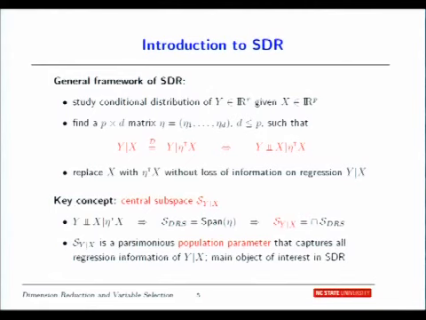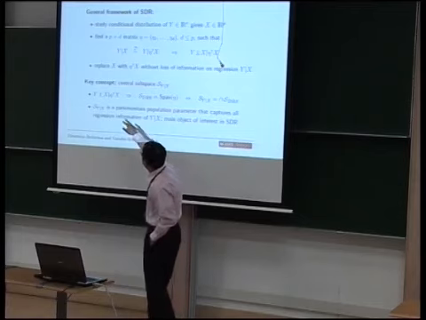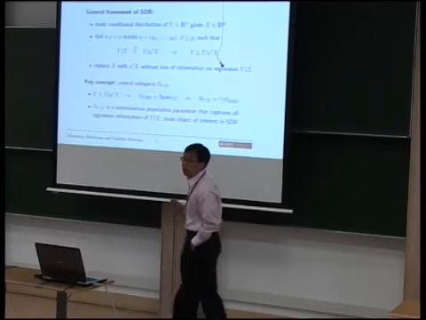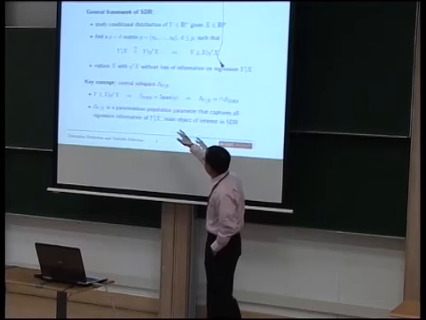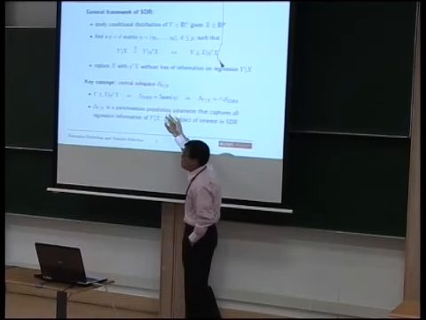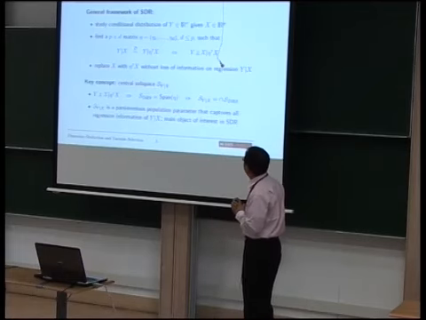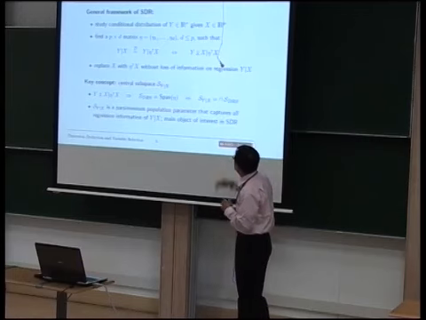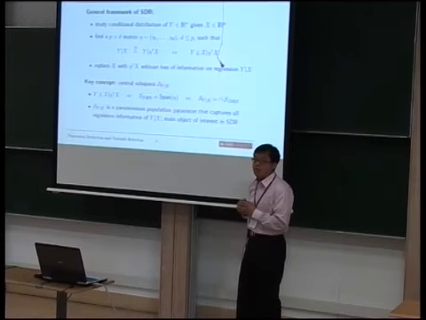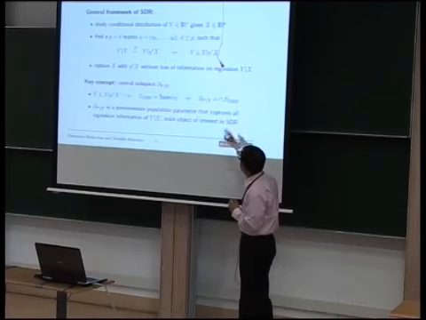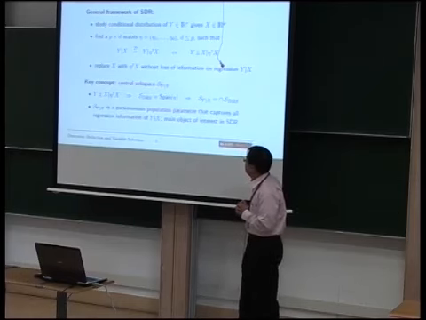And there is a key concept associated with this sufficient dimension reduction. That is something we call the central subspace. You can see if we start with this conditional independence statement, this eta is not unique. For that reason, we define a dimension reduction subspace as a space spanned by columns of eta, and then we look at the minimum dimension reduction subspace, which takes the form of the intersection of all those dimension reduction subspaces.